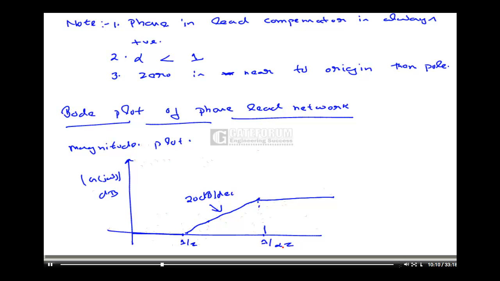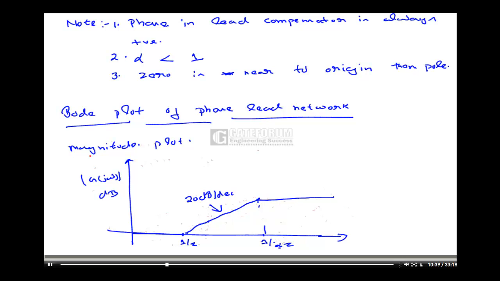At 1 by tau there is a presence of a zero, so the magnitude will start increasing at a rate of 20 dB per decade. At 1 by alpha tau there is a presence of a pole, which will compensate for the presence of the zero. After the pole it will decrease at the rate of minus 20 dB per decade, so the net rate of increase is 0 dB per decade and it will remain constant after that.